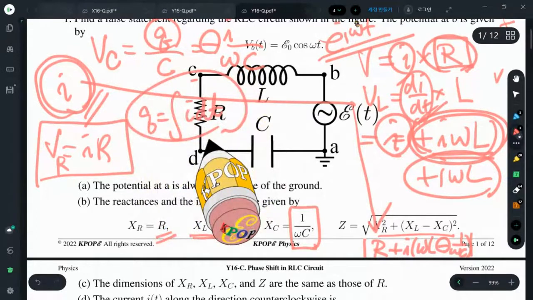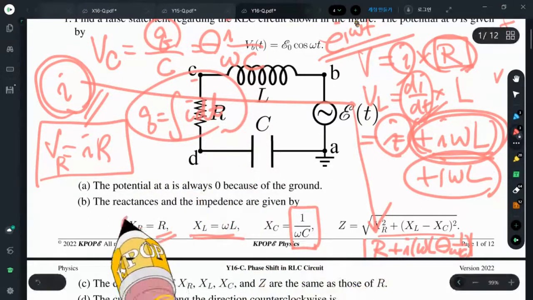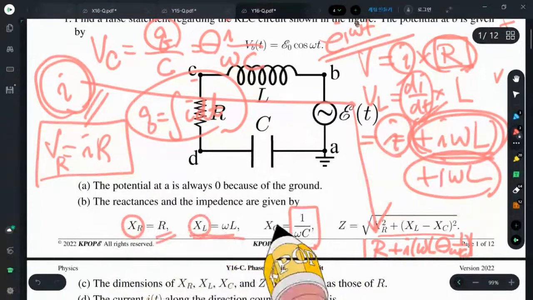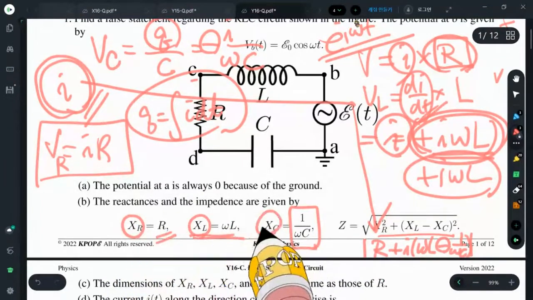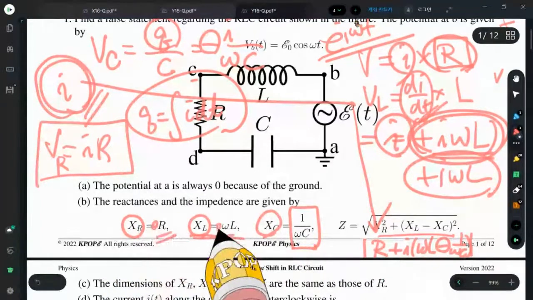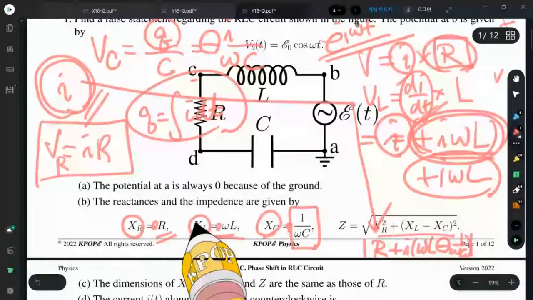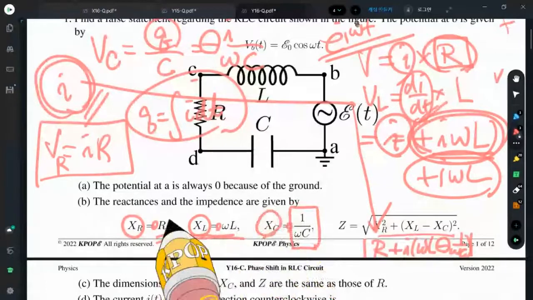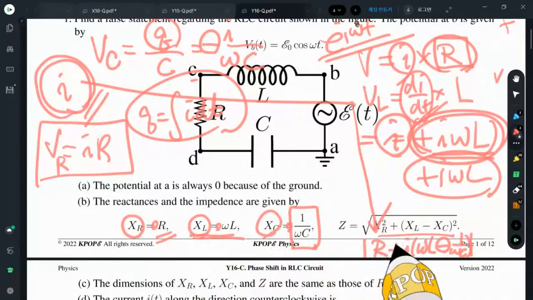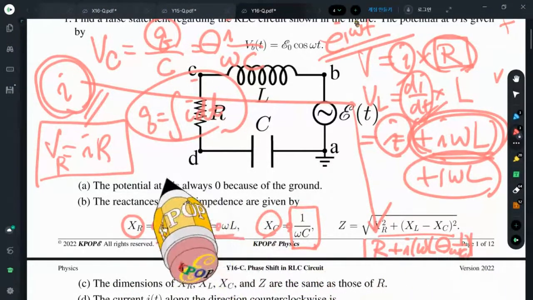Okay? So when we define reactances for L and C, we don't put any sign on them. But when they are together, then you have to write a complex variable.